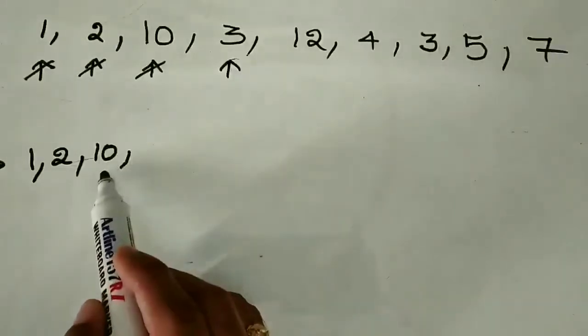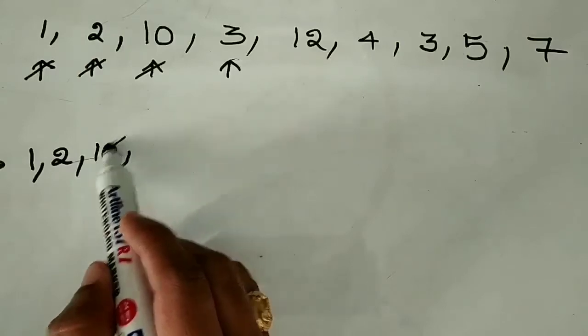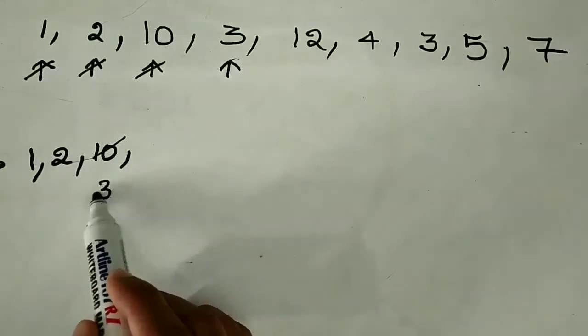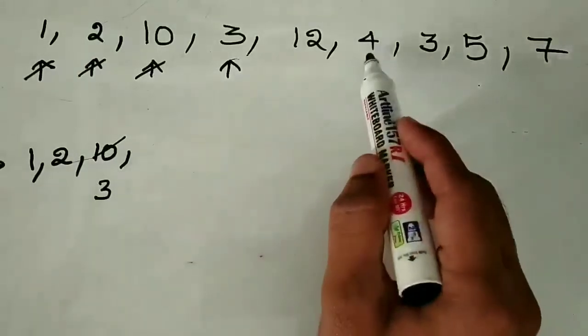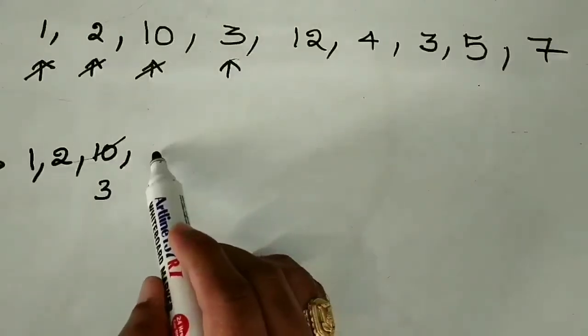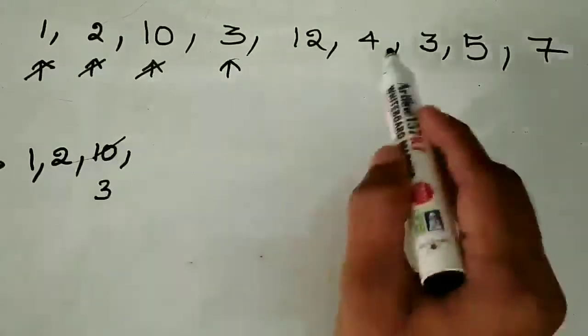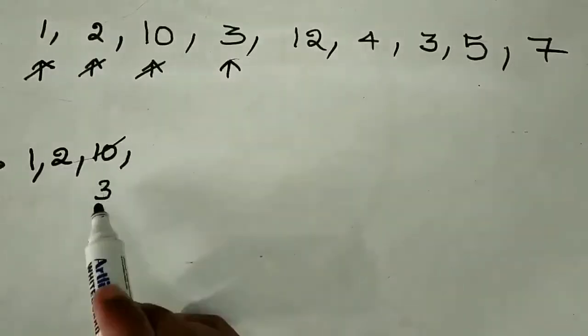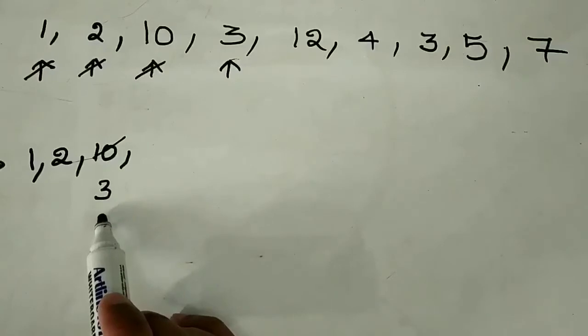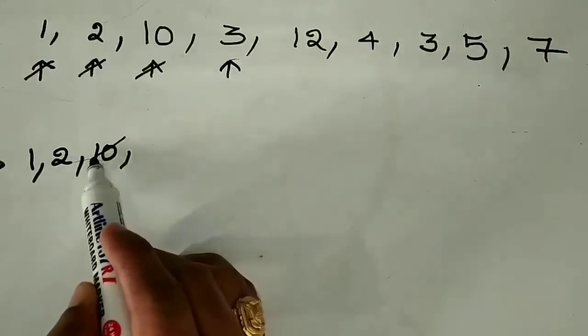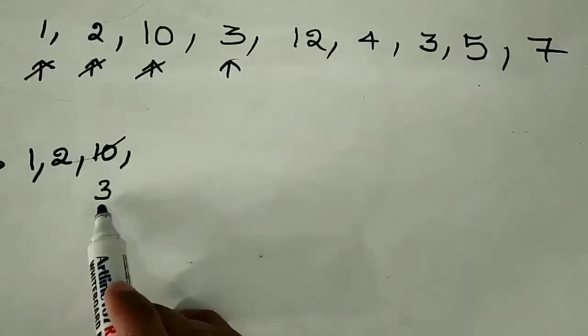a lesser value in this array, because if I remove 10 and if I keep 3 here, I can add 4 here when I proceed further, because if I keep 10 I cannot add 4. That's the reason it is always better to keep a lesser value in the array. And I removed 10 and I kept 3.